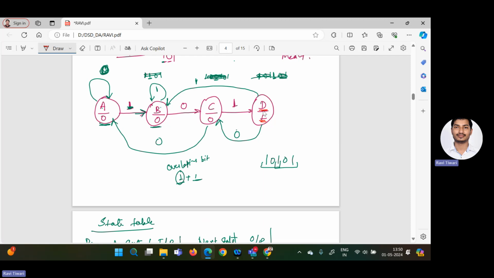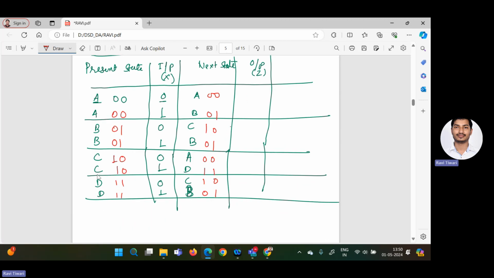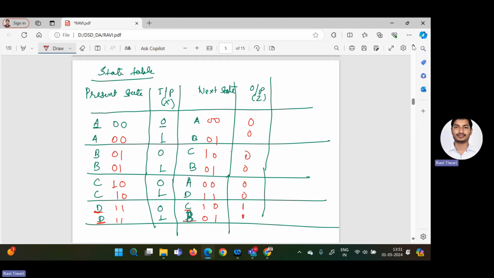So if you are moving from D to B, then your output is 1, and when you are moving from D to C, then also your output is 1. For the rest of the conditions, it will be 0. Right? So now we have the output.